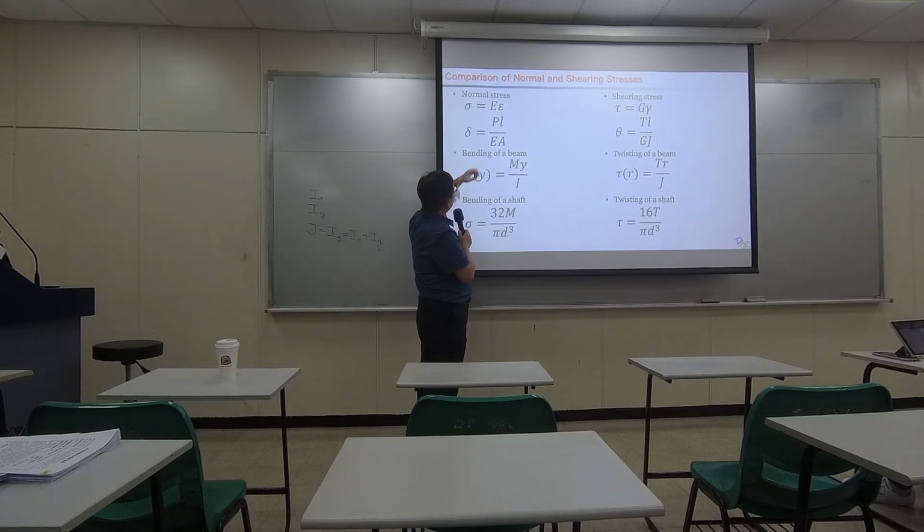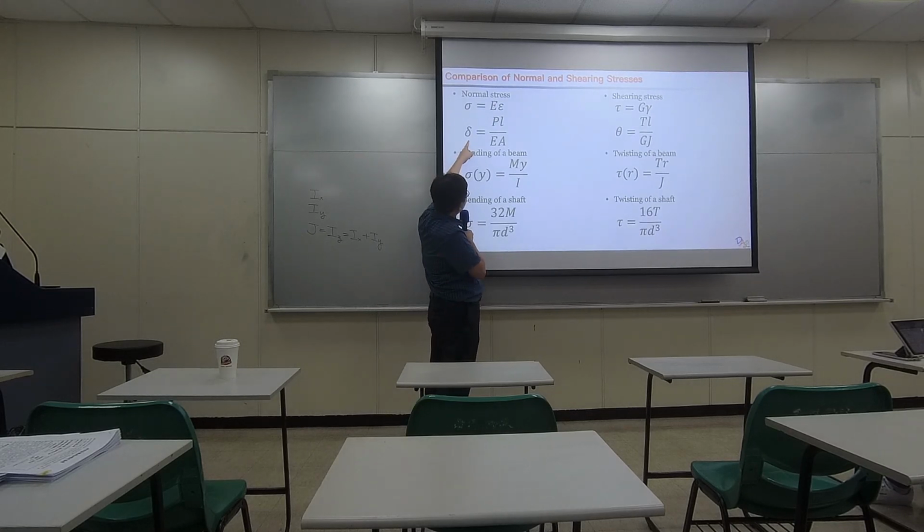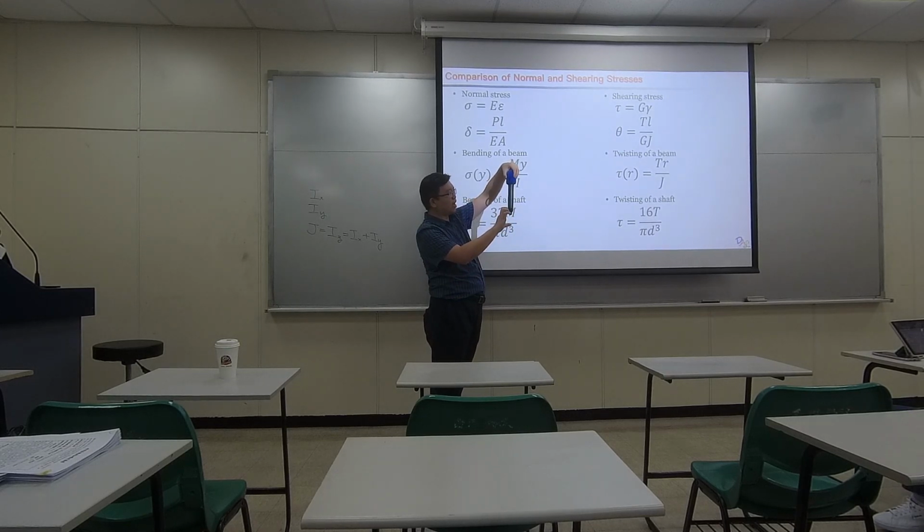When we talk about normal force, you have deformation along the length direction. This is how much, if you pull this, how much increment you have. This is the delta, how much you pull.